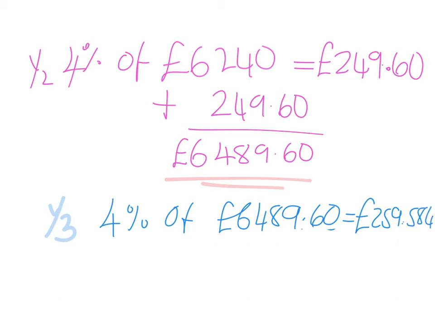Now, when I'm calculating these, I'm doing 1% by dividing by 100 and multiplying the answer by 4. You can use your calculator in the examples we're going to be doing today, so you can just multiply by 0.04.